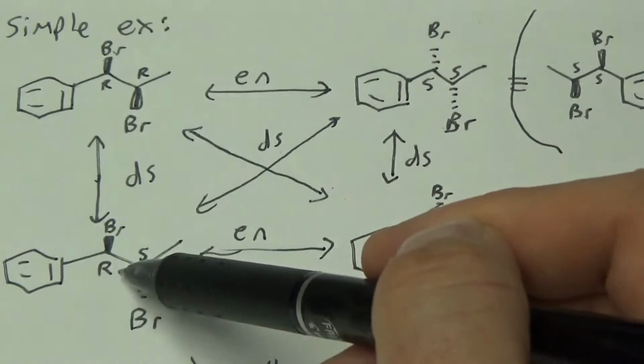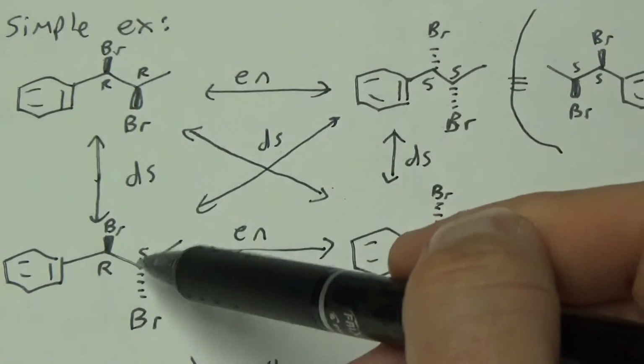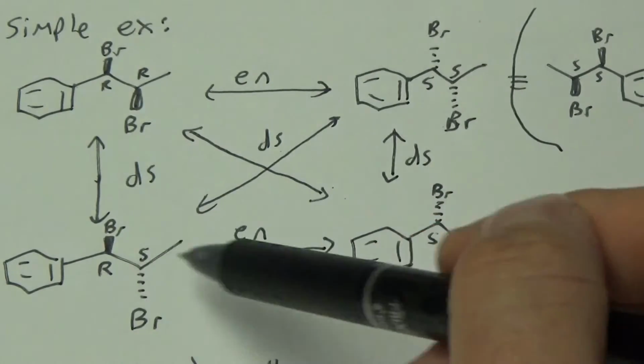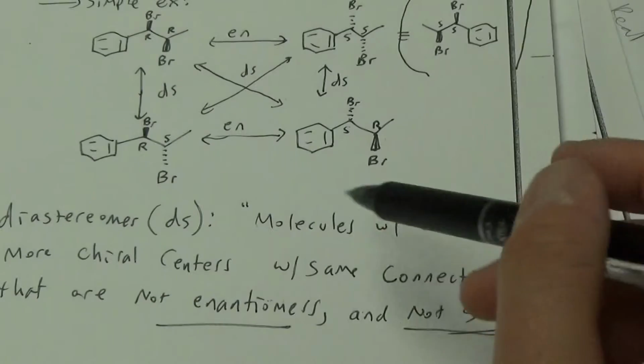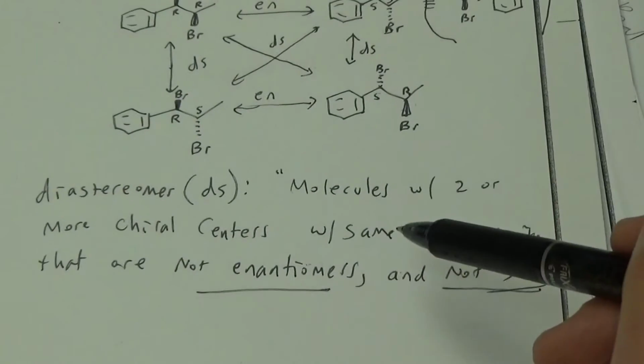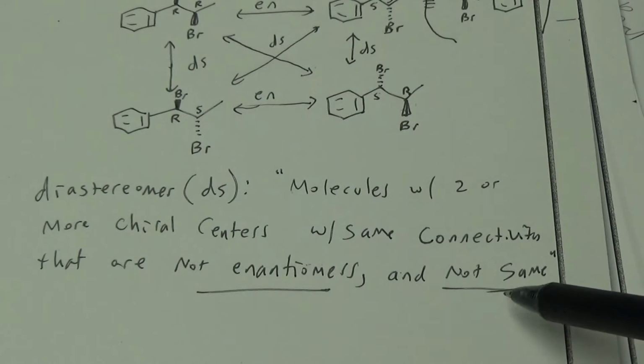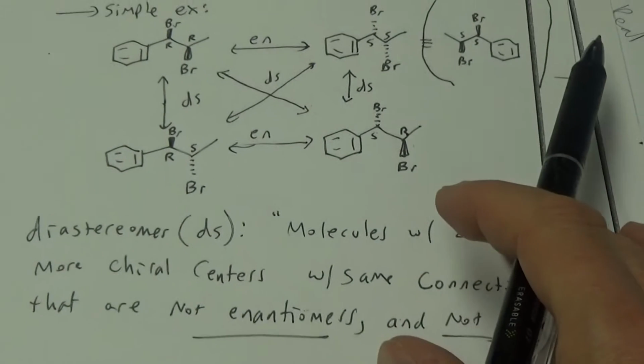If you flip one, or anything that's not all of the chiral centers, you get a diastereomer. So this is a great example of it. Okay, so diastereomers are molecules with two or more chiral centers with the same connectivity that are not enantiomers and that are also not the same, because if you have two molecules that are the same, well, they're not diastereomers, right? All right.